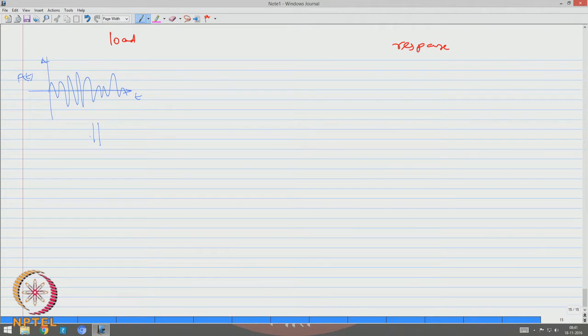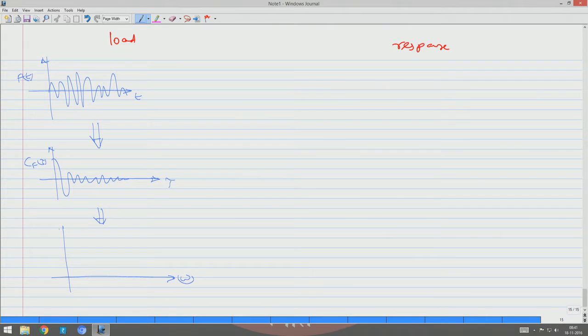What I do actually is I try to find the autocorrelation function as a function of tau. I find C_f(tau) and it looks like this. When I apply this to the system, I will get the force in the frequency domain, which is S_f(omega), let us say, which comes like this.